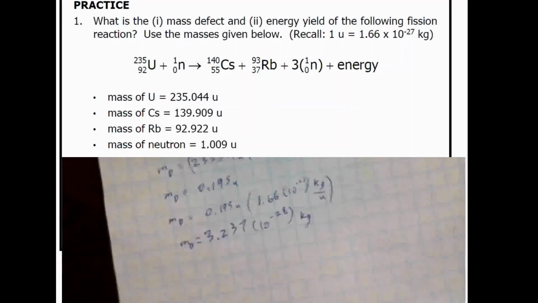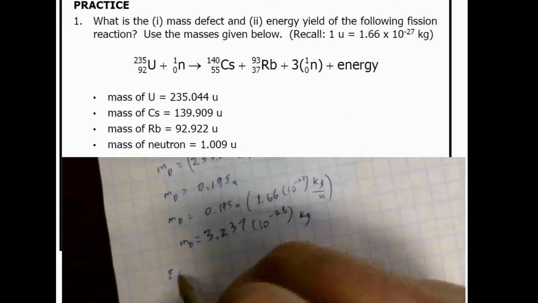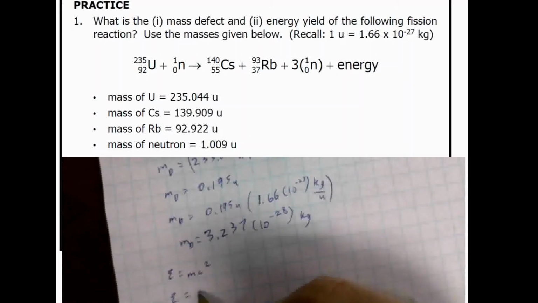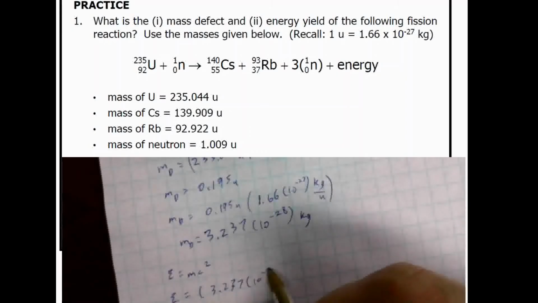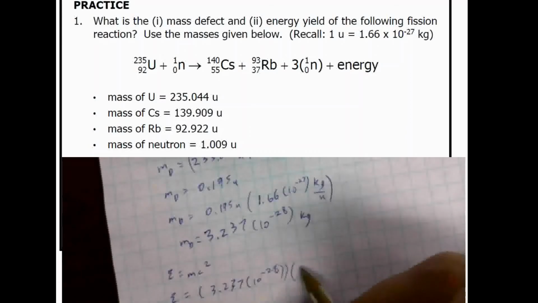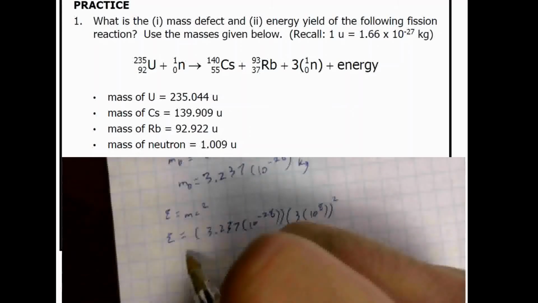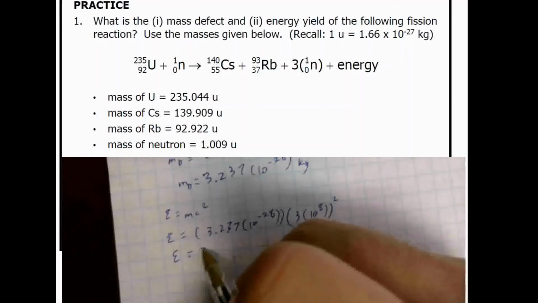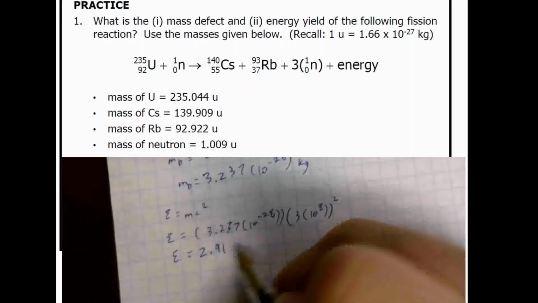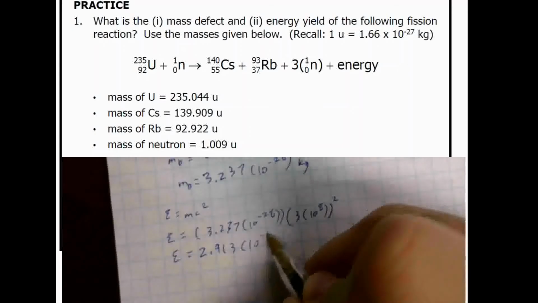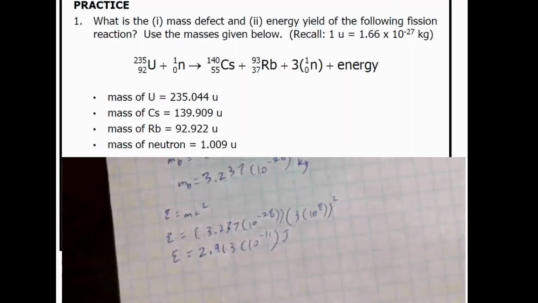Now to find the energy, E equals mc squared, where m is the mass defect. So E equals 3.237 times 10 to the negative 28 times c squared. It gives me an energy output of 2.913 times 10 to the negative 11 joules.